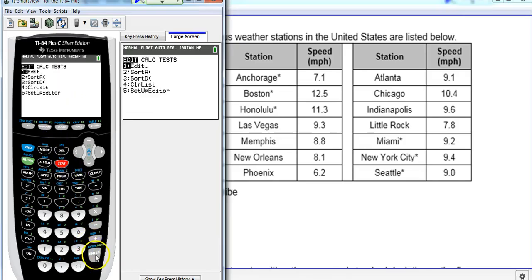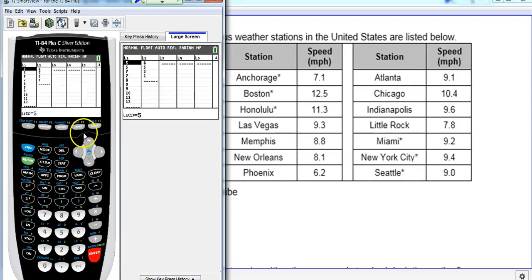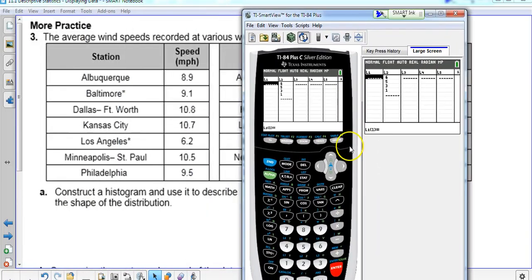So stat, they're on your worksheets. I'm going to do two different things with this, so please be entering these. These are wind speeds in a bunch of different cities.